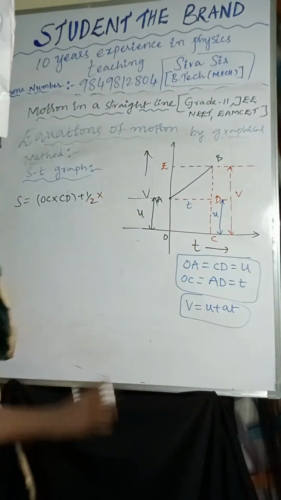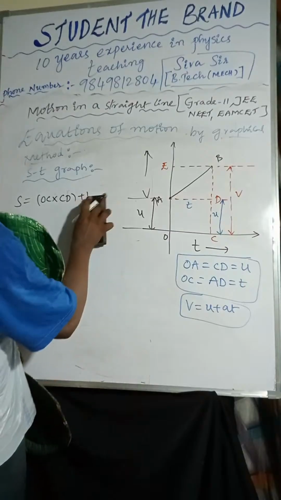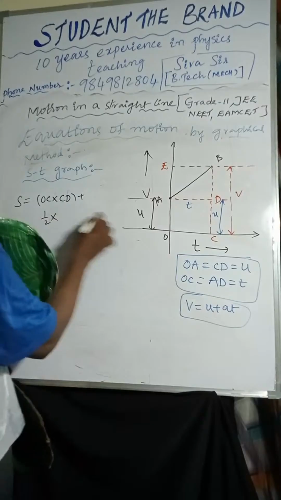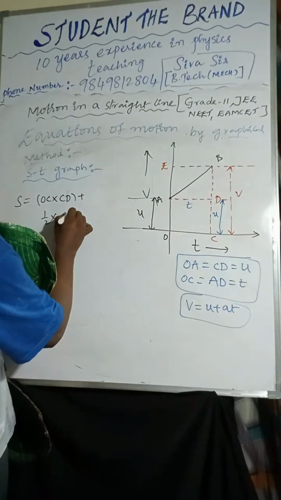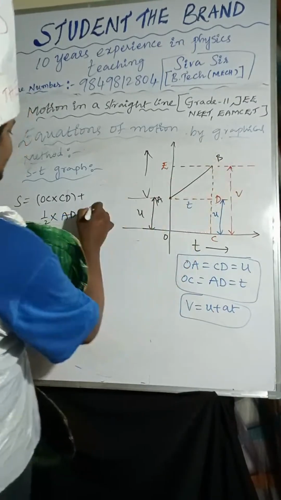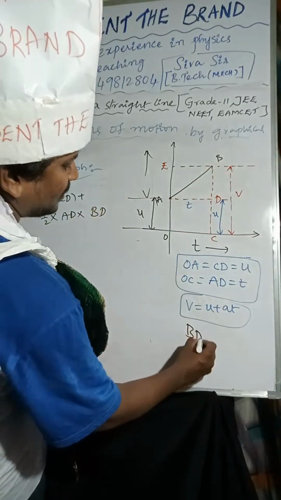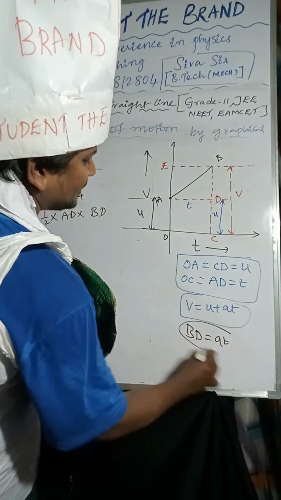So AD is the base and BD is the height, so I am taking half into AD into BD. In the previous case, we found BD equal to A into T, so this is also very important.